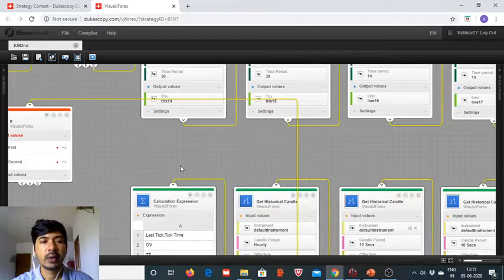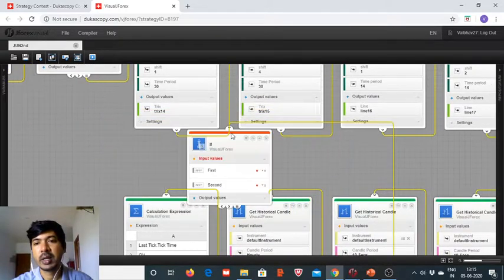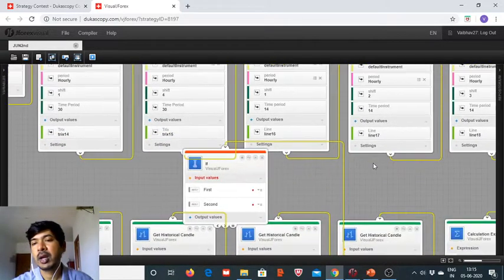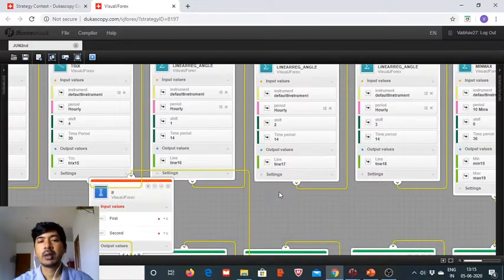Now we look for the change, the trend change in LRA. So for that we need to compare the line 16 to line 17 and then the line 17 to line 18.